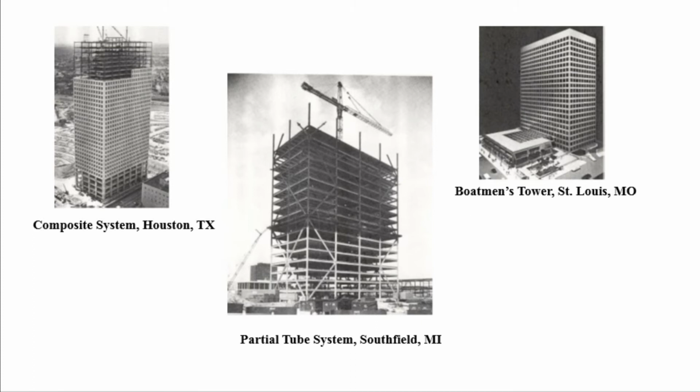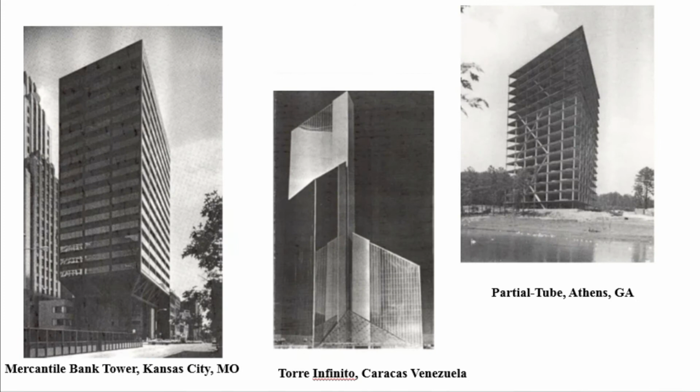Here you can see the different structures all over the world: composite system, partial tube system, and the Continental Bank tower. These all are huge tall structures all over the world.